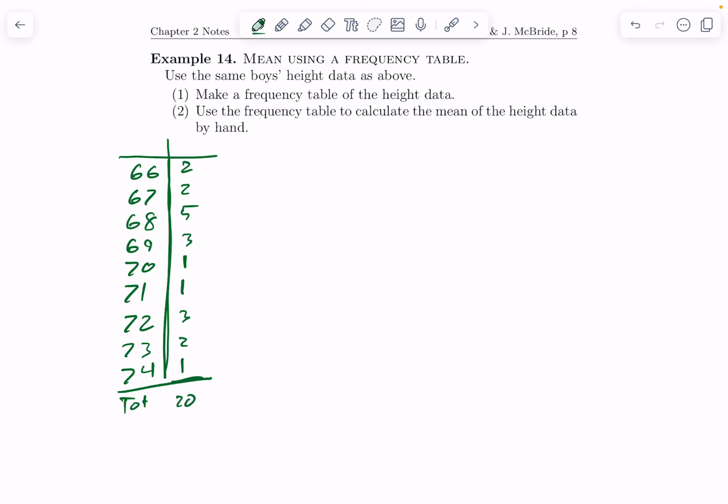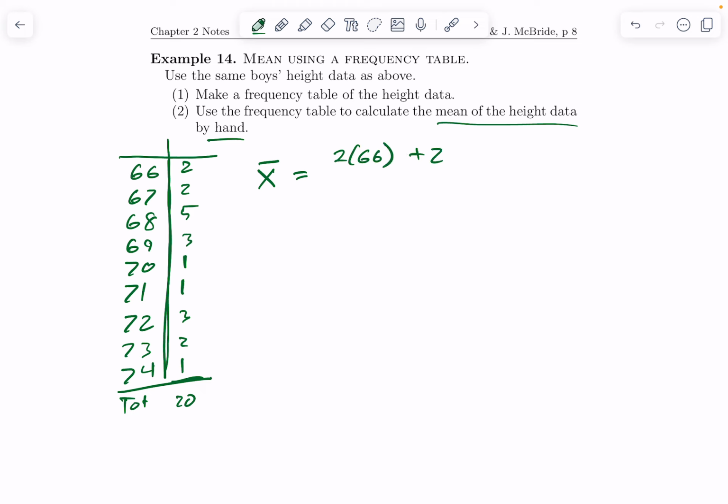Okay, so if I had a frequency table, how could I find the mean height? The way I would do that is x hat equals, well, I know that 66 appears twice. So rather than adding 66 plus 66, I could just multiply it by its frequency.